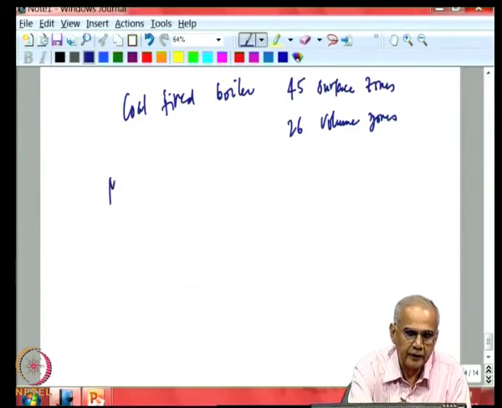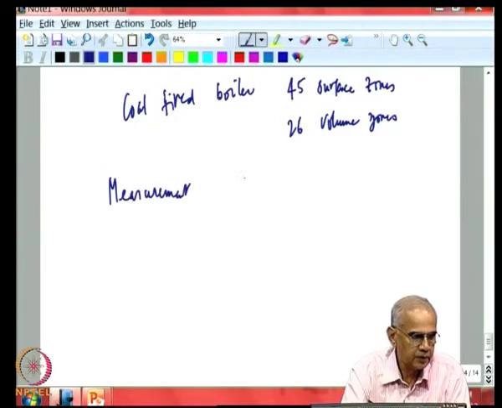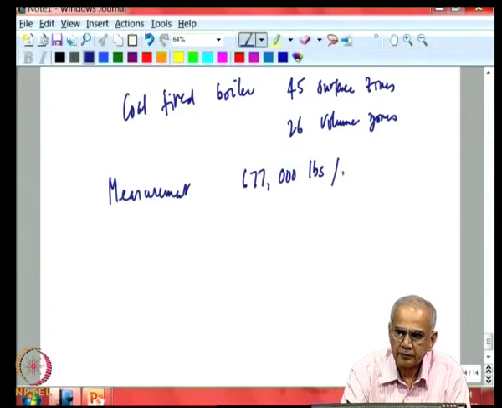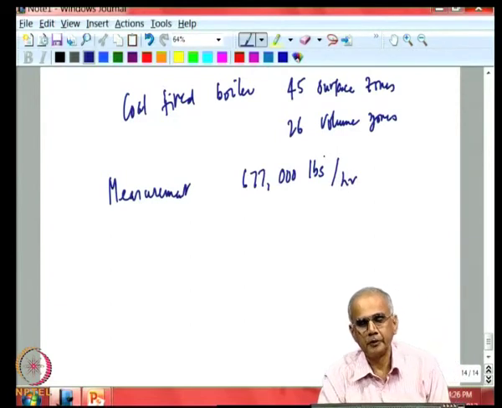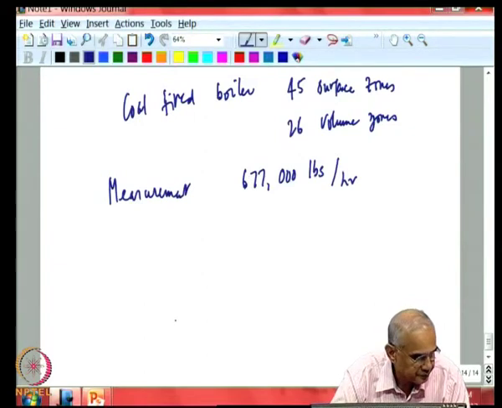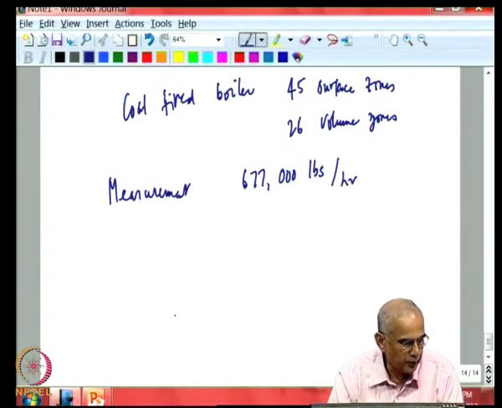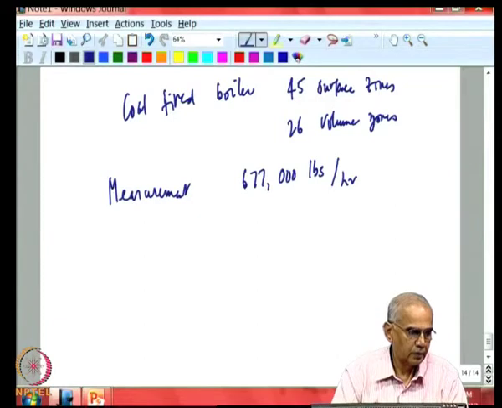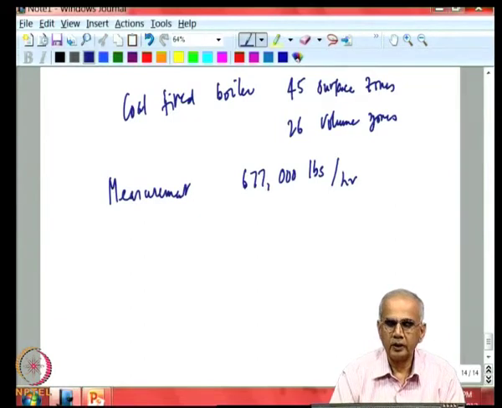So, measurement indicated the steam generated was around 627,000 pounds per hour. I am sorry about this British unit here, because that is work done for a British boiler. So, they give British units. Now, the question that we can ask now is, what are the estimates from the various models that have been used.